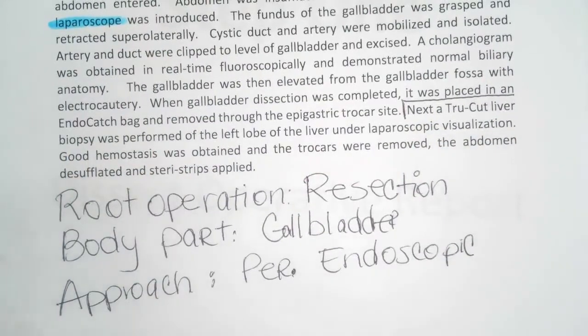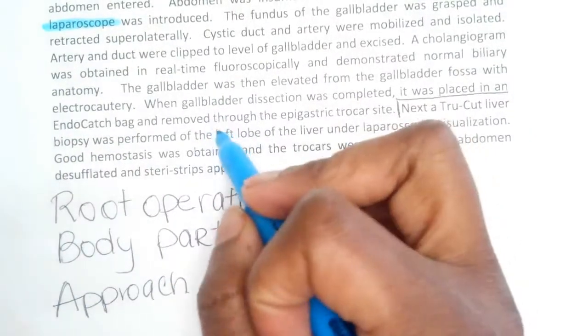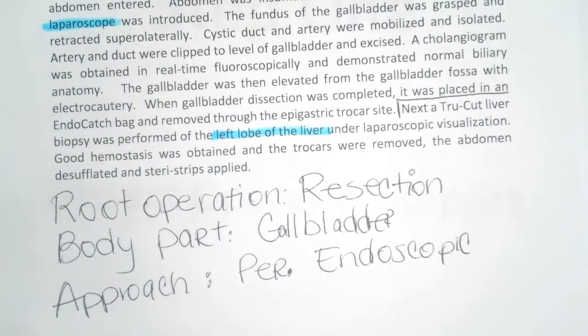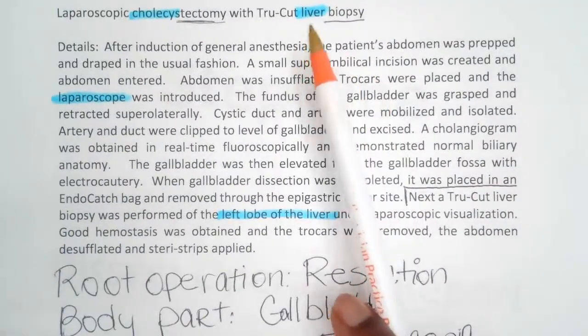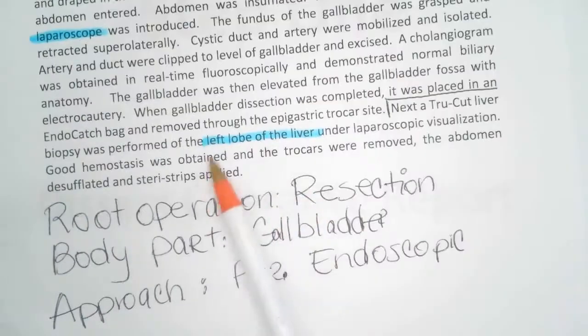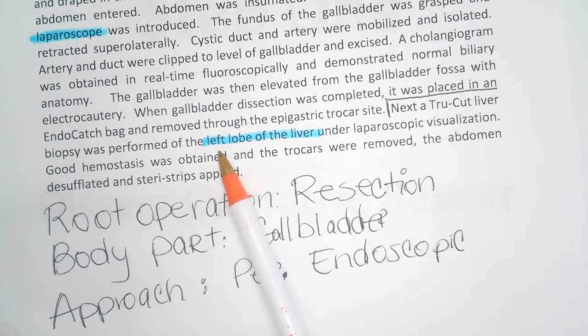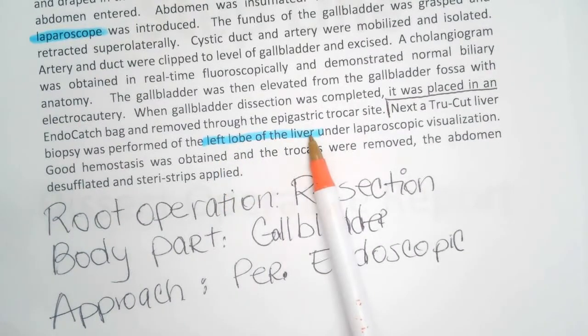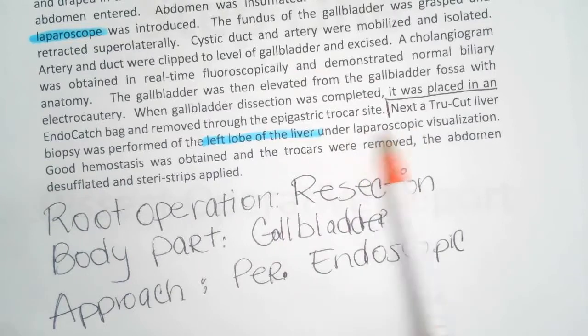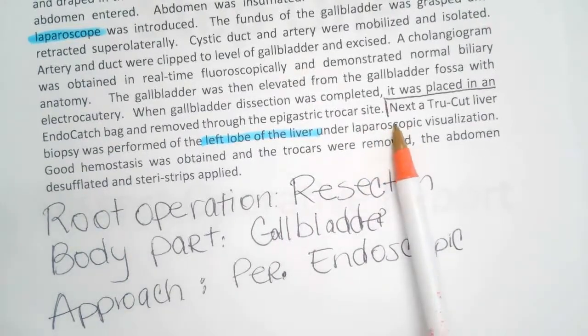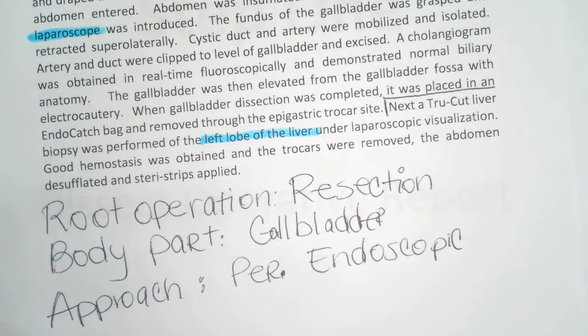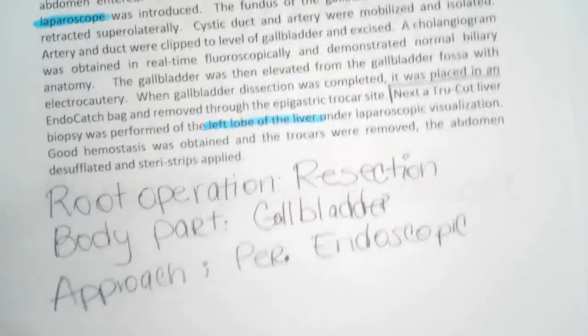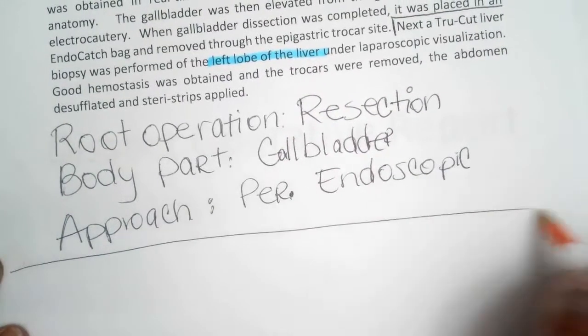All right. From there, I'm going to continue reviewing my documentation, and I noticed that next, a true cut liver biopsy was performed of the left lobe of the liver. So now, remember in the beginning, I said it was liver, but I needed to know what part of the liver. I now know that this is the left lobe of the liver. I also noted that this second procedure was also done under laparoscopic visualization. So I'm going to write some notes again.